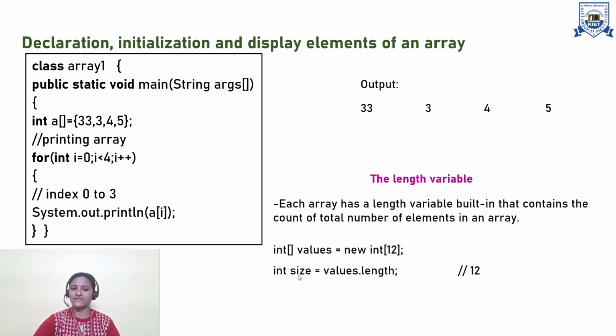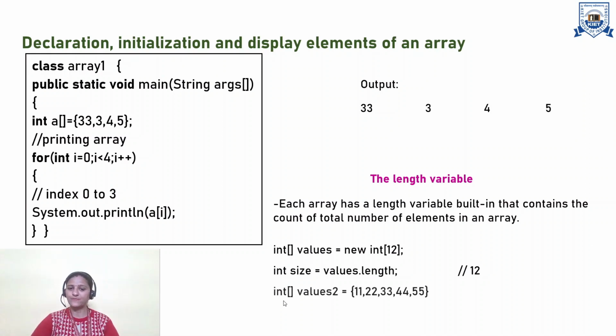So we took another integer variable size where I measured the length of this array variable values dot length. So it will pick the total number of elements that are present or the size of the array variable values. So here we have given the size 12, so length will be 12.